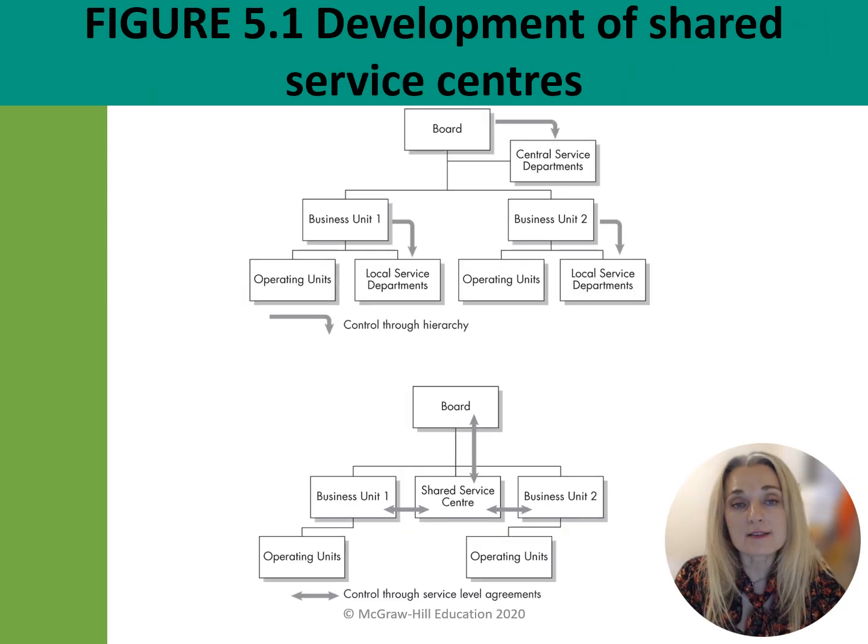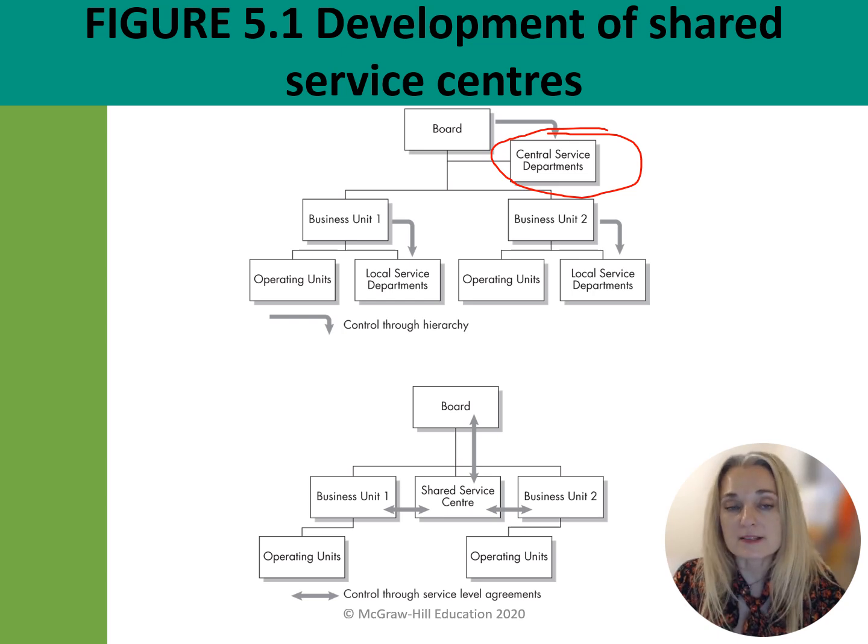Here we see the difference between a central service department and shared services. On the top, we see a central service department that reports directly to the board, and then we have various business units. And what you will see here is that the central department is quite different.